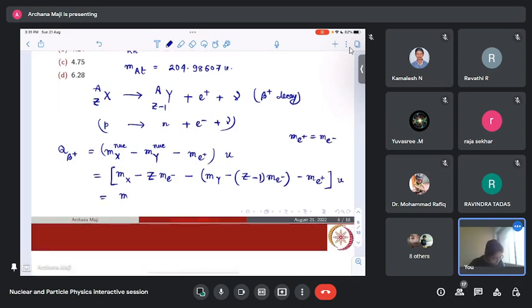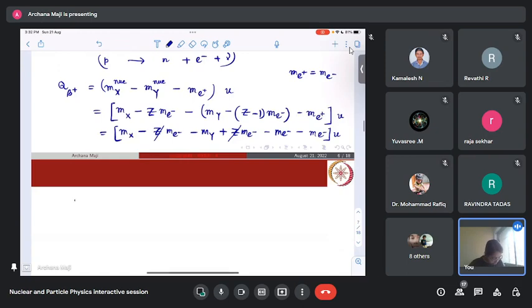So M_X minus Z m_electron minus M_Y plus Z m_electron minus m_electron minus m_electron, so the Q factor of beta plus decay becomes the mass of X minus the mass of Y minus 2 times the mass of electron.